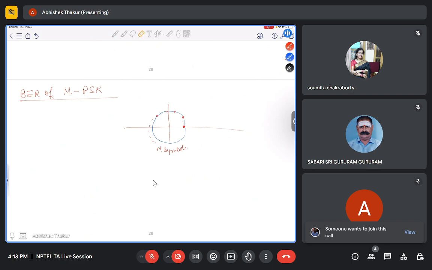Like this circle is not correct, so let me make it again. So the angle between, total angle is 2 pi and there are M symbols, so this angle will be 2 pi by M. So this distance, how much will it be?